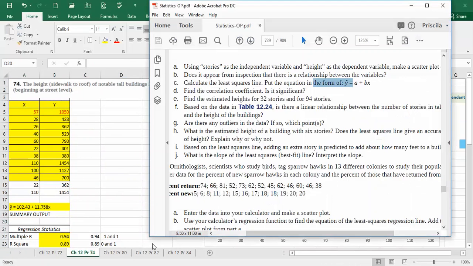So let's go back to the questions. Find the estimated heights for 32 stories and 94 stories. Well, how do we do that? If it's using stories as the independent variable, which is x, find the estimated heights for 32 and 94.